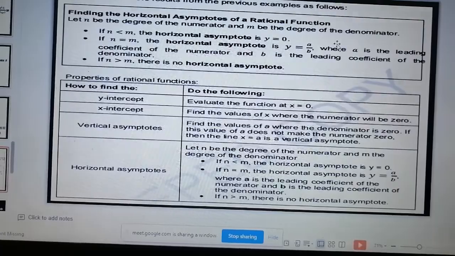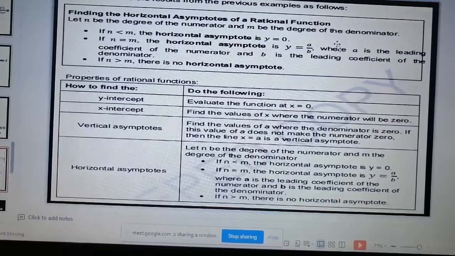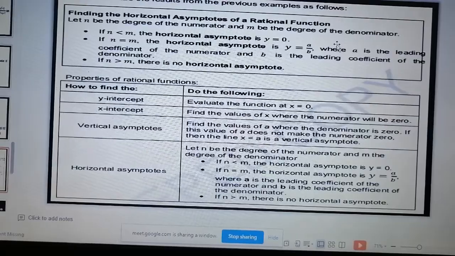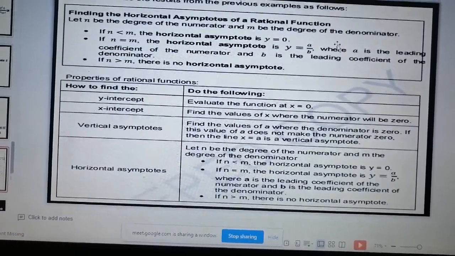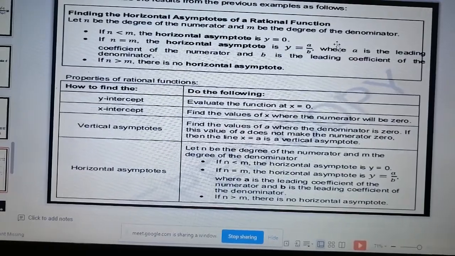If n is greater than m, there is no horizontal asymptote. Ibig sabihin, kung ang numerator ay mas mataas sa denominator, wala siyang horizontal asymptotes. Okay?